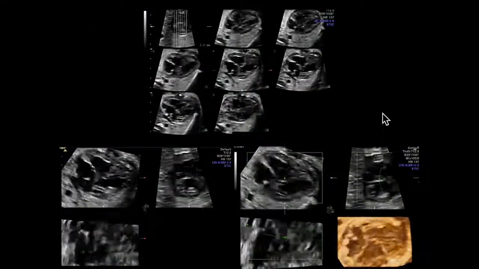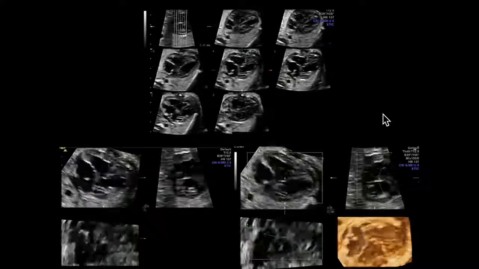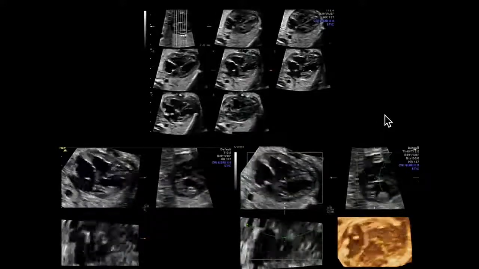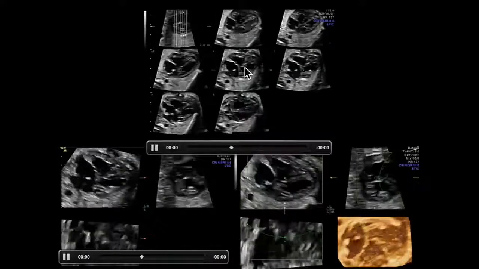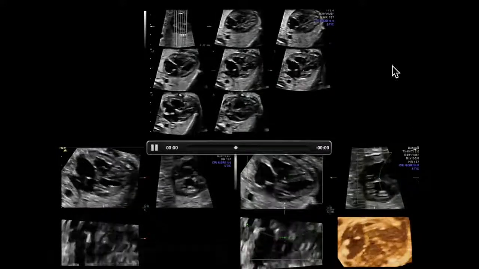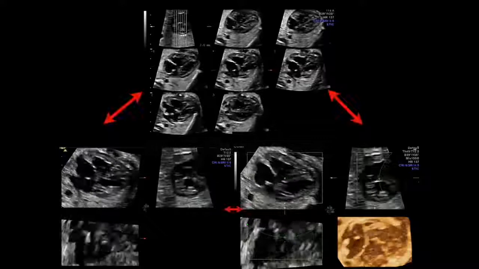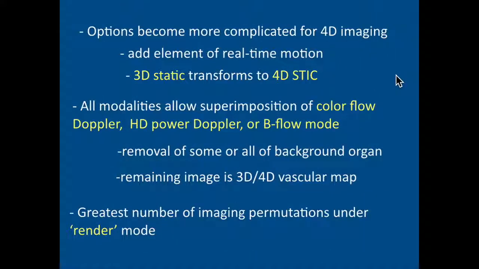Once you have your multiplanar display, you can start flipping between a lot of the modalities that we're going to talk about shortly. So with really one push of a button, you can go from this to TUI imaging to rendered imaging, and we're going to cover those shortly. The options become a little more complicated for 4D imaging because we're adding motion, and 3D static becomes 4D STIC, or spatiotemporal image correlation.